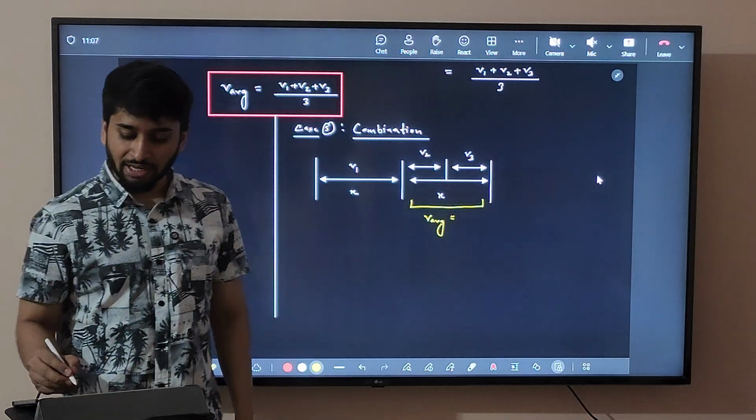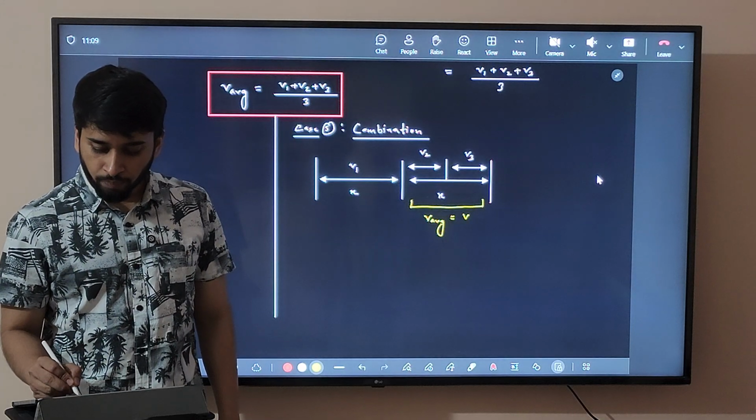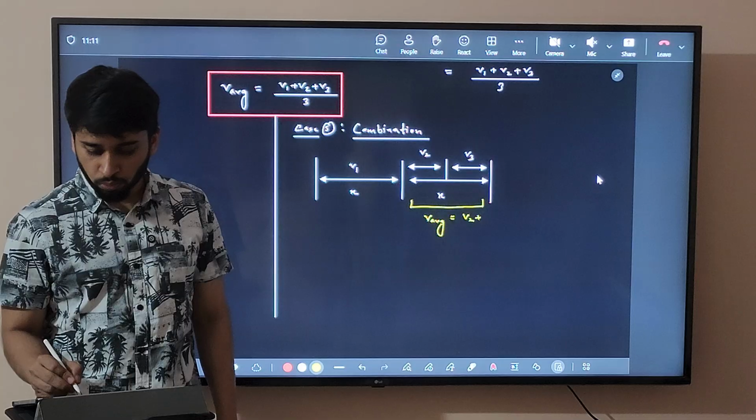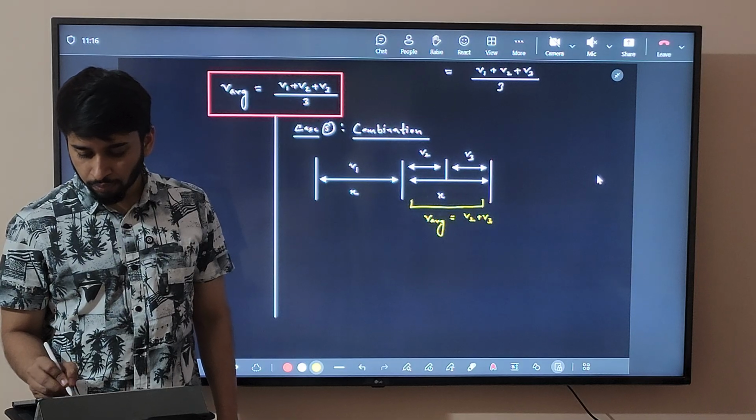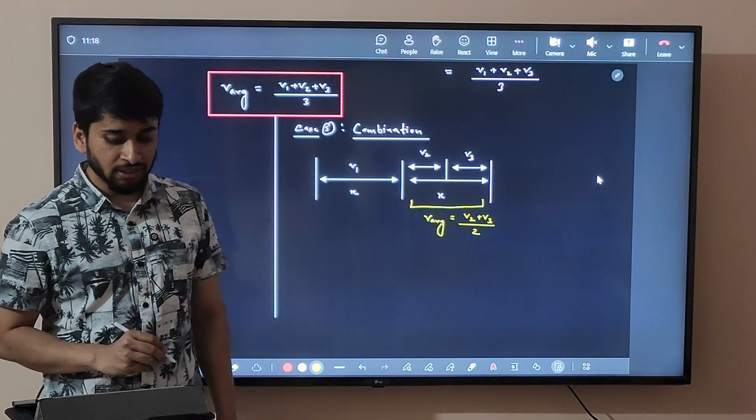So the average speed for the second part becomes (v2 plus v3) by 2.